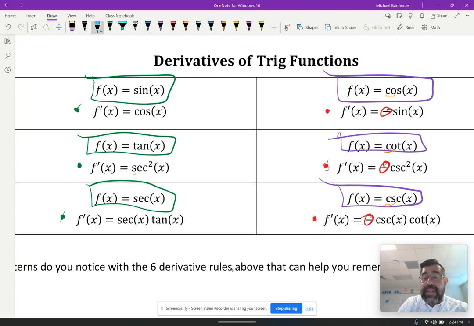Meaning, if I look at cosecant x, the derivative of cosecant x is negative cosecant cotangent. Well, if you look on the other side, the derivative of secant is secant x tangent x. Even these are just co-functions of each other.